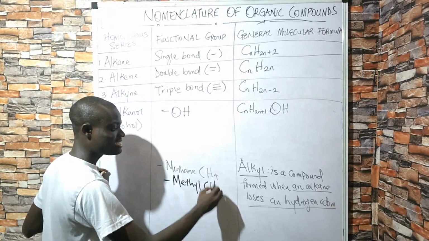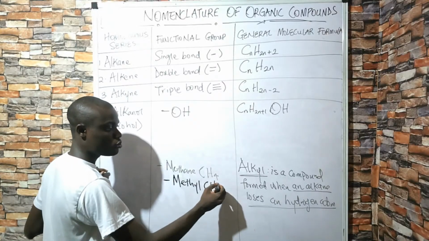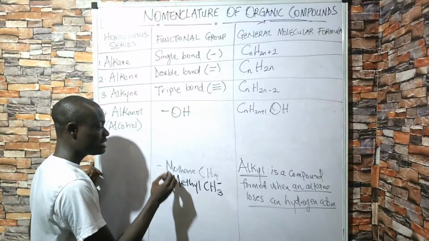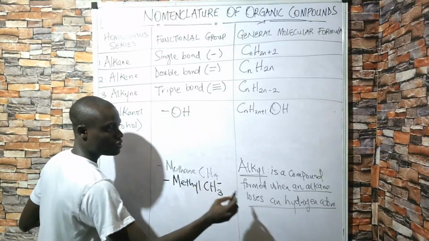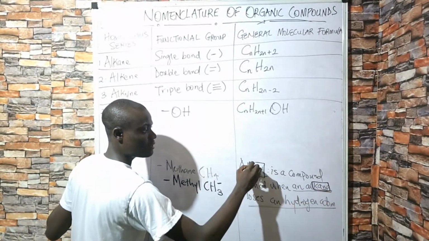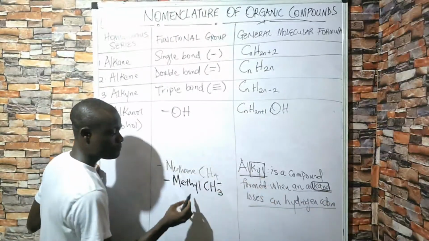Now methyl is going to be CH3. In some books, we'll put a minus to tell us that something is missing. So methane becomes methyl. Look at it: ANE, that's methane; YL, methyl.